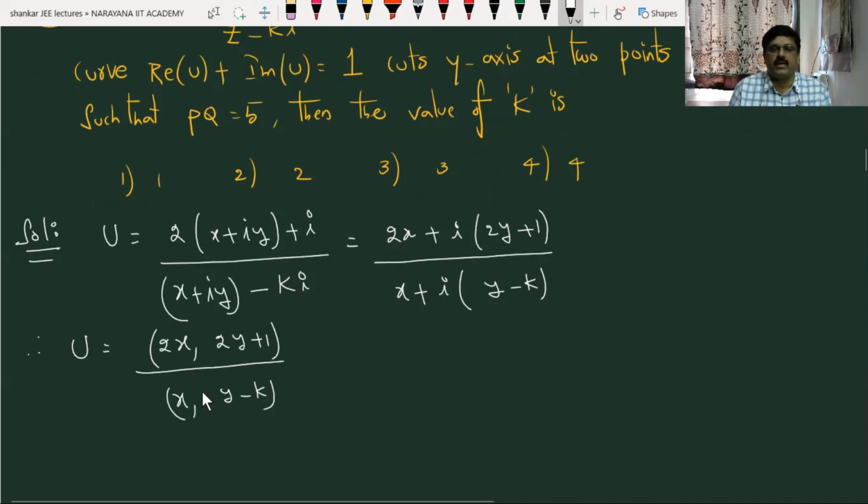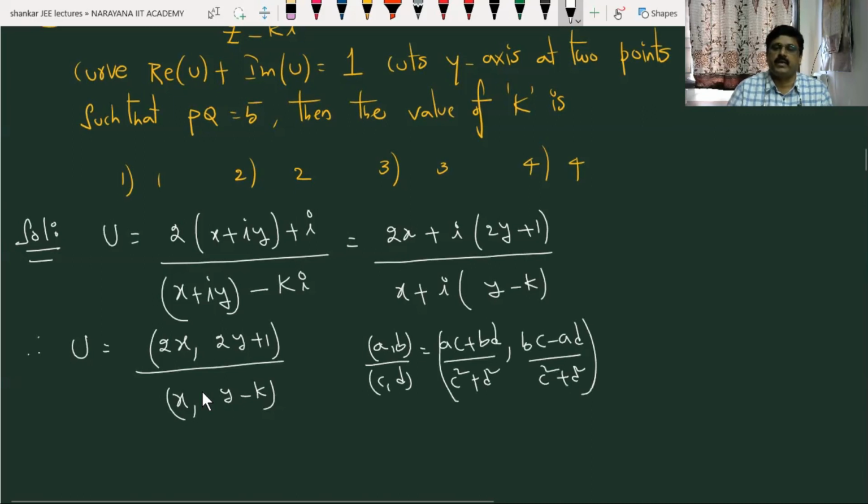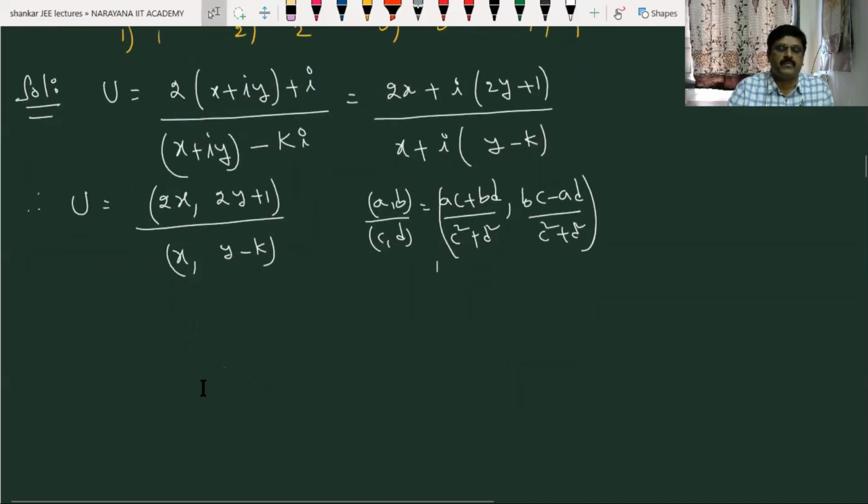Students, we studied the formula for (a, b) upon (c, d), division of two complex numbers: (ac plus bd upon c square plus d square, bc minus ad upon c square plus d square). So with the help of this, I am going to find both real and imaginary parts.